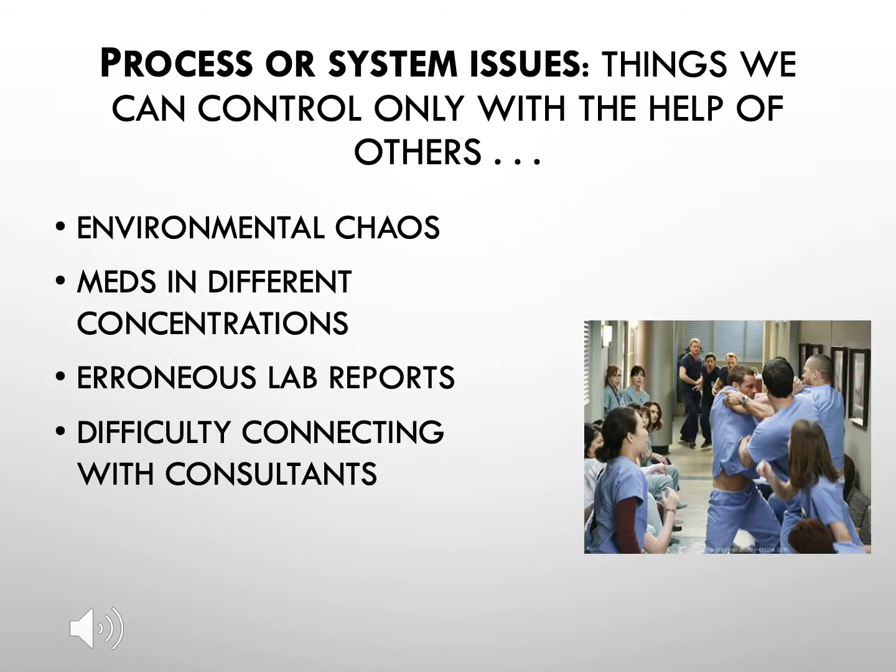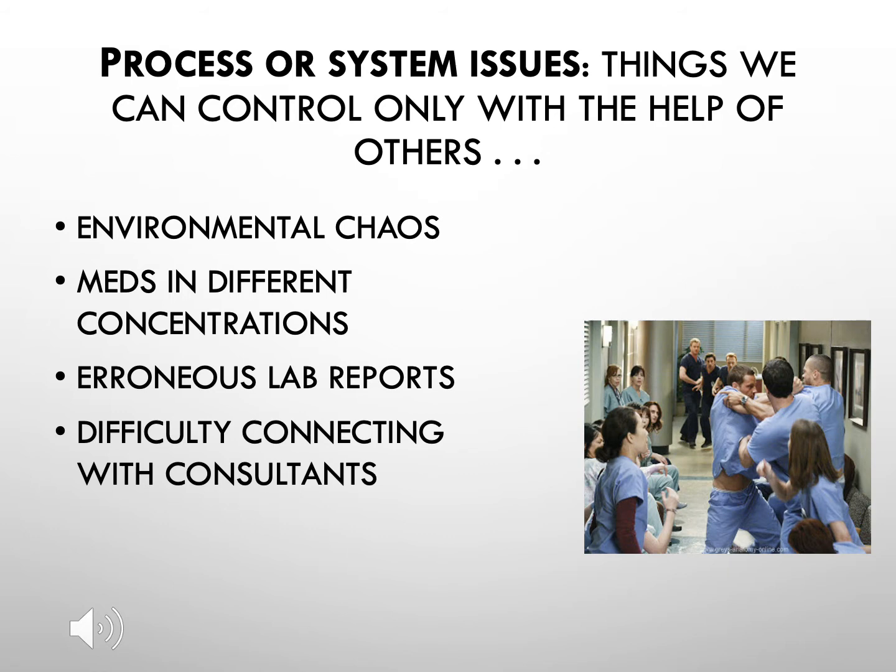In the emergency department, there's a ton of process or system issues going on at any given time. These are things that we can only control with the help of others. These include, not limited to, a chaotic environment, or how about medications coming in different concentrations? How about lab or x-ray reports that are erroneous? How about the difficulty in connecting with consultants or the lack of availability of consultants?